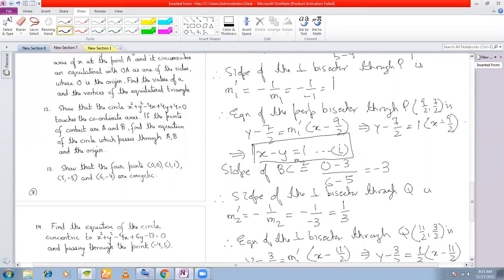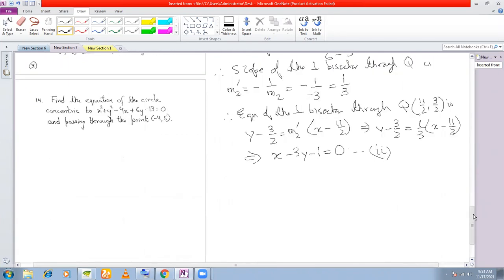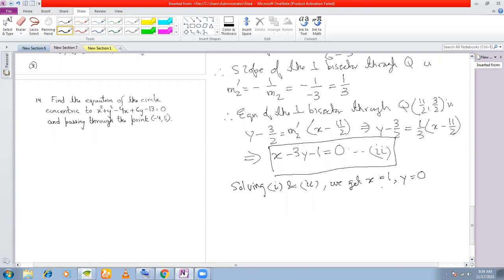The equation of the perpendicular bisector through P is this, and the equation of the perpendicular bisector through Q is this. So solving 1 and 2, we get x is equal to 1 and y is equal to 0.